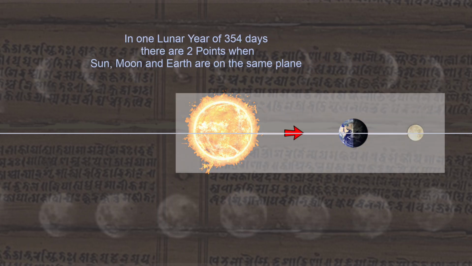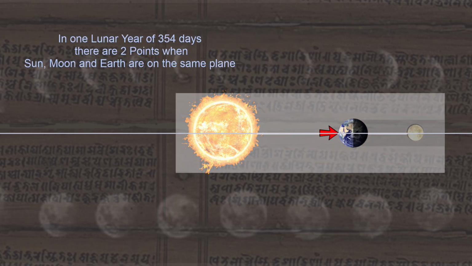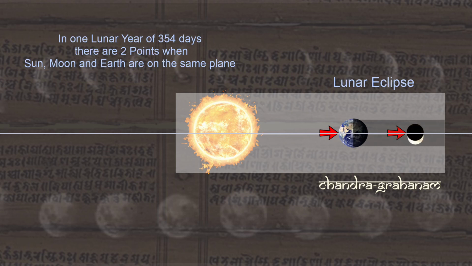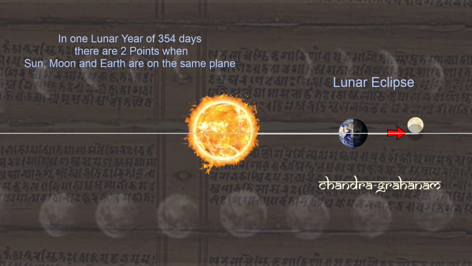And the sunlight hits the earth instead, and the earth's shadow falls on the moon. Thus, we see a full moon slowly getting blocked by the earth's shadow. This occurrence is called a lunar eclipse, Chandra Grahanam, the grasping of moon's light by the shadow of earth.